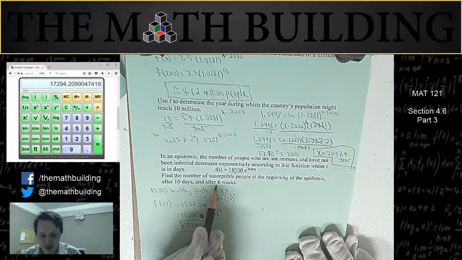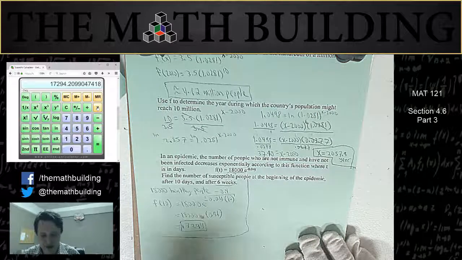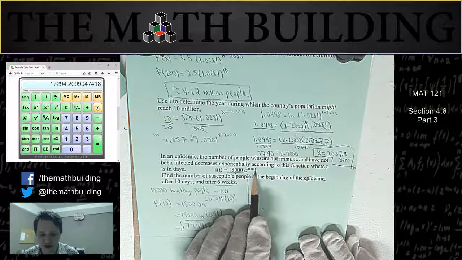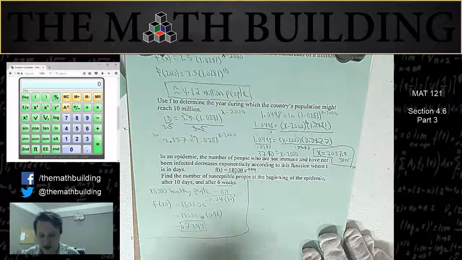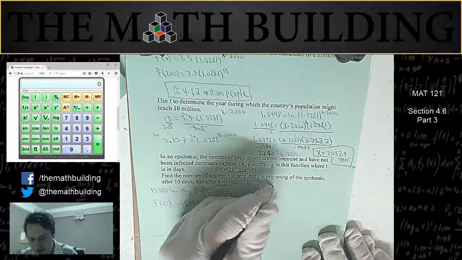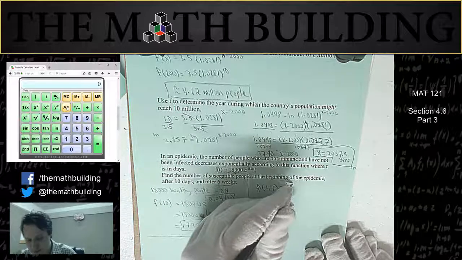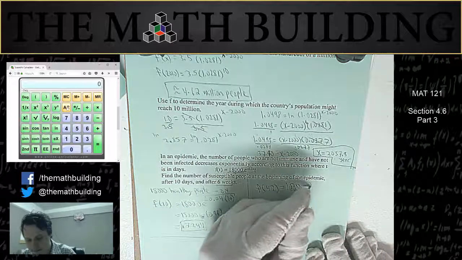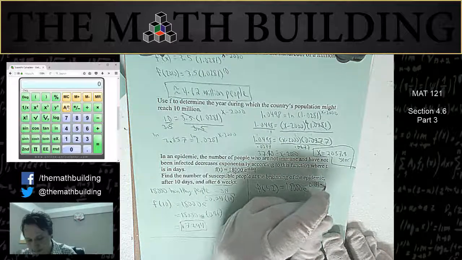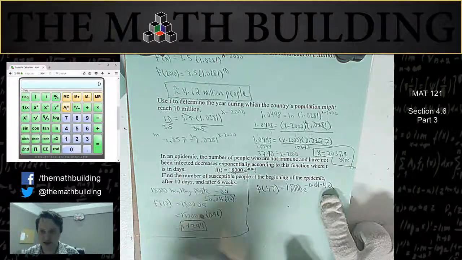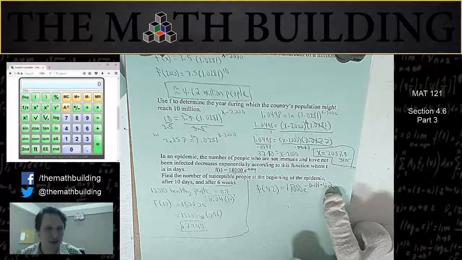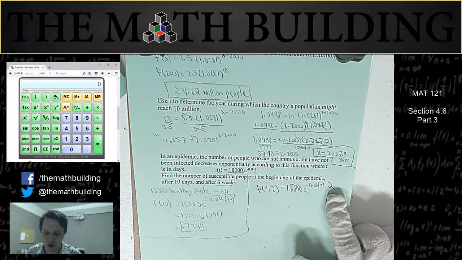To do 6 weeks, the process is exactly the same, except remember this is in days. So do 6 times 7. 6 weeks is 42 days. And so just calculate f of 42. So just plug in 42 for t because it's in days. Make sure you don't overlook that. That would be easy to miss on a test if you're going too quickly.